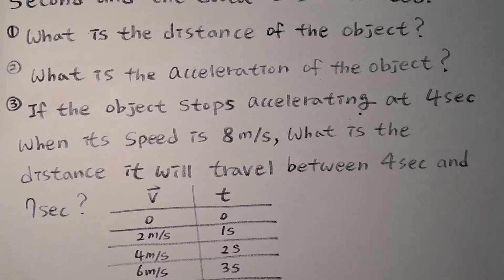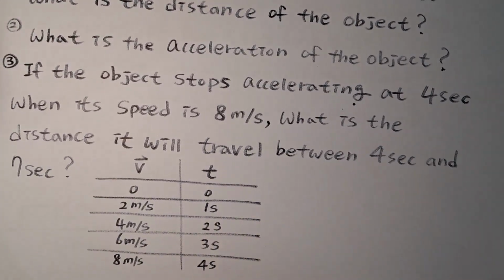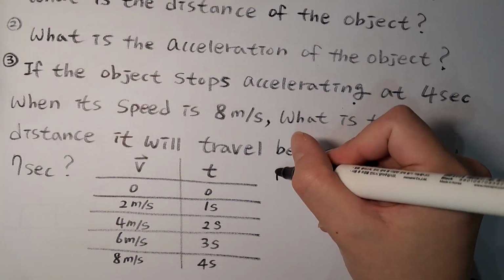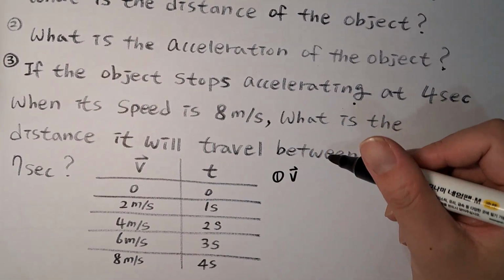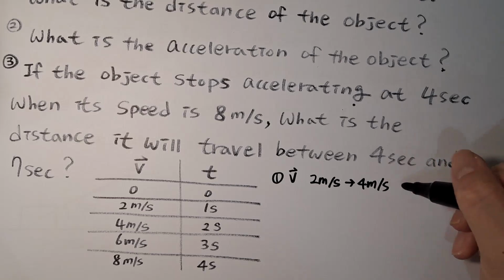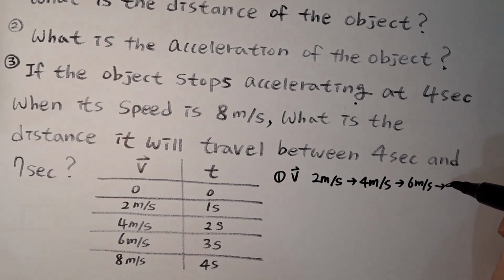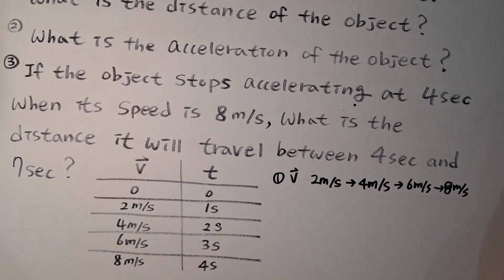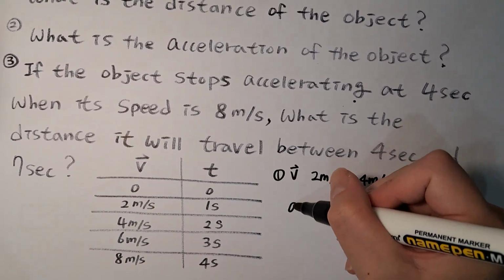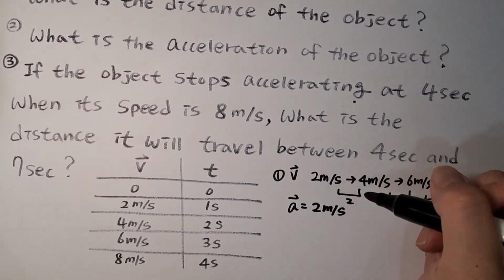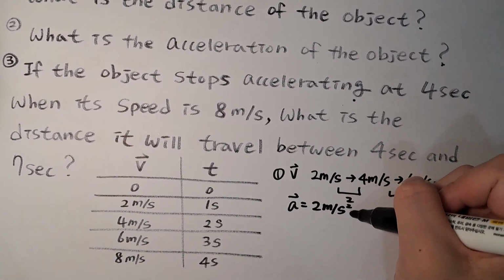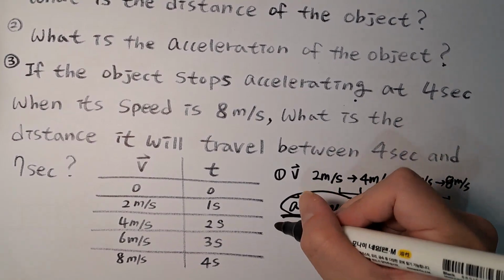So we are going to find the velocity, and the velocity is increasing. We can find the acceleration is going to be 2 meters per second squared.